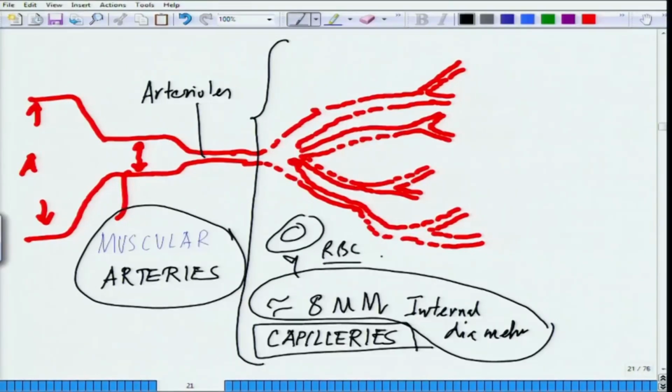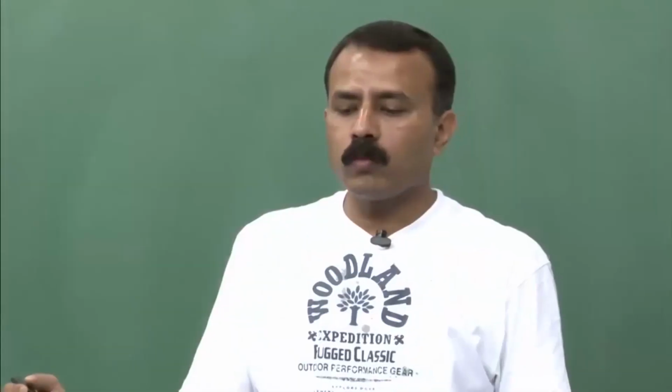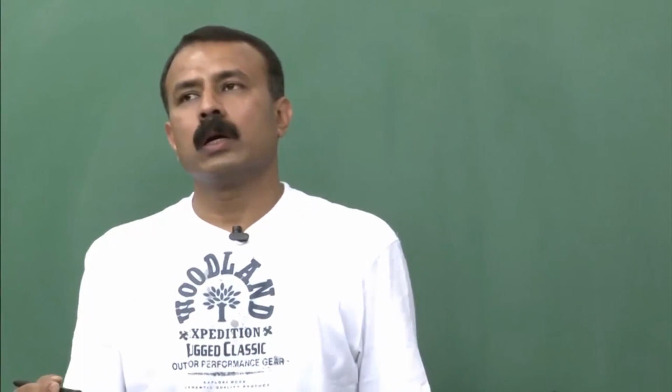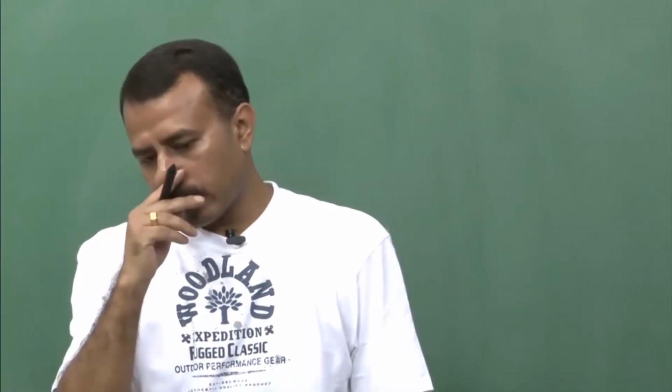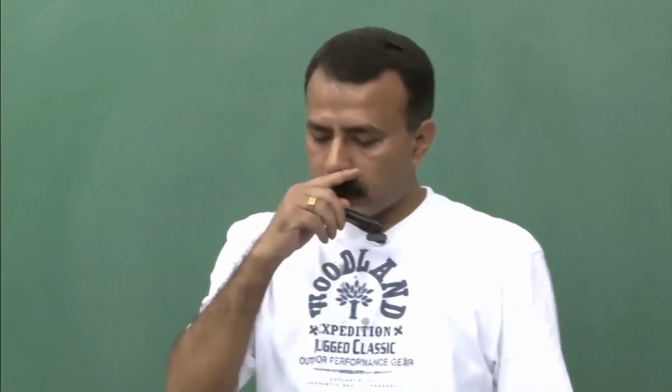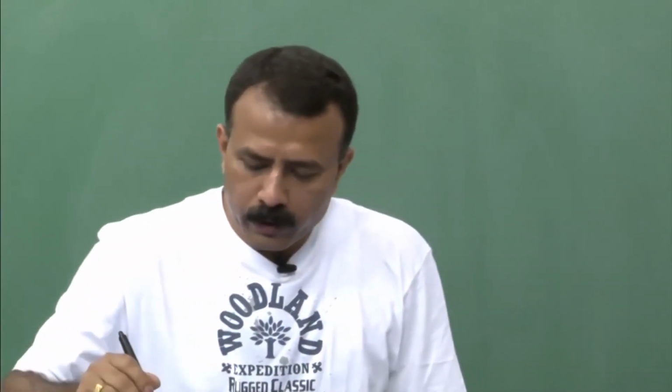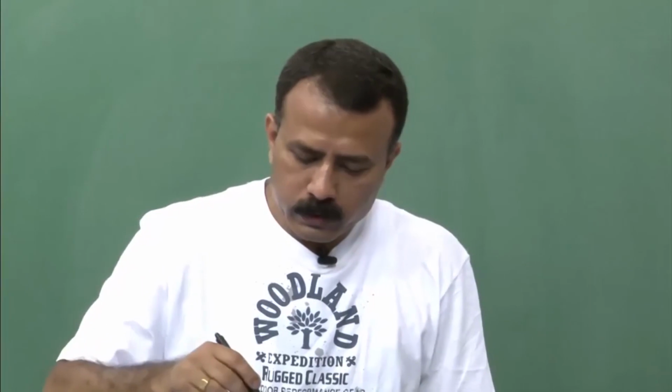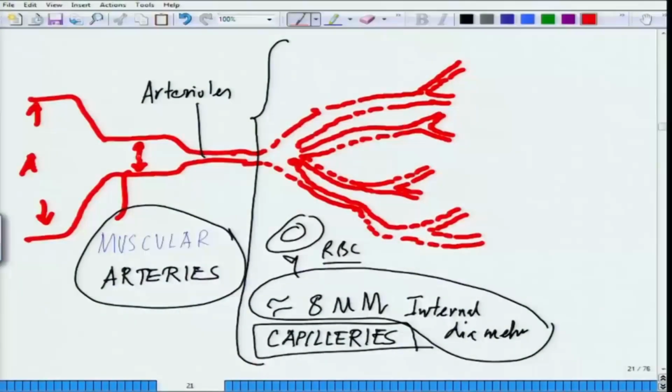The diameter of RBC, red blood cells, which will be coming in the next section, is almost equivalent to the diameter of a single red blood cell. Okay.